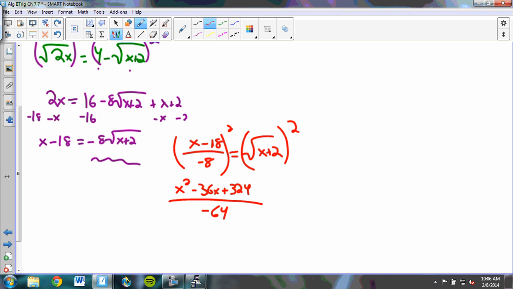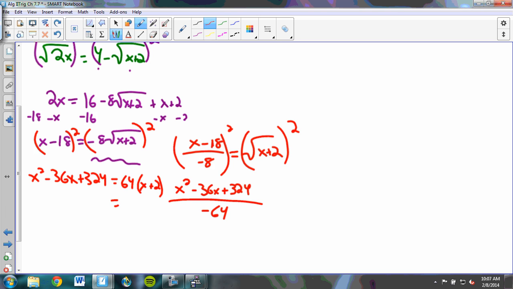If I just leave this negative 8 where it is over here, I'm going to square both sides, and I get the same thing, x squared minus 36x plus 324 equals 64 times x plus 2.